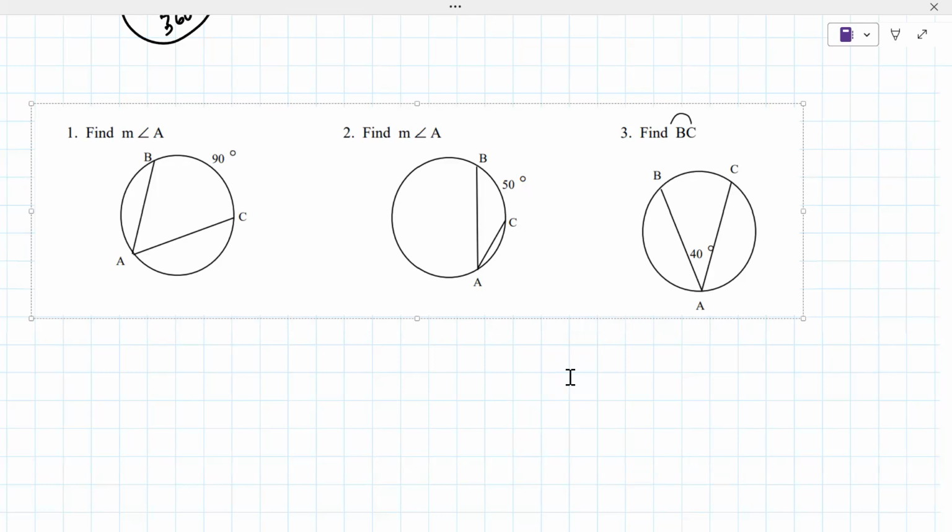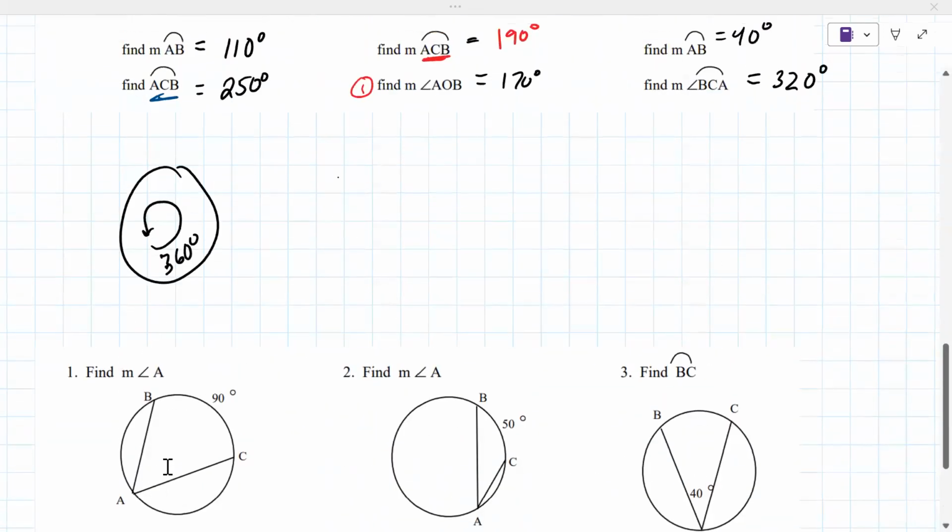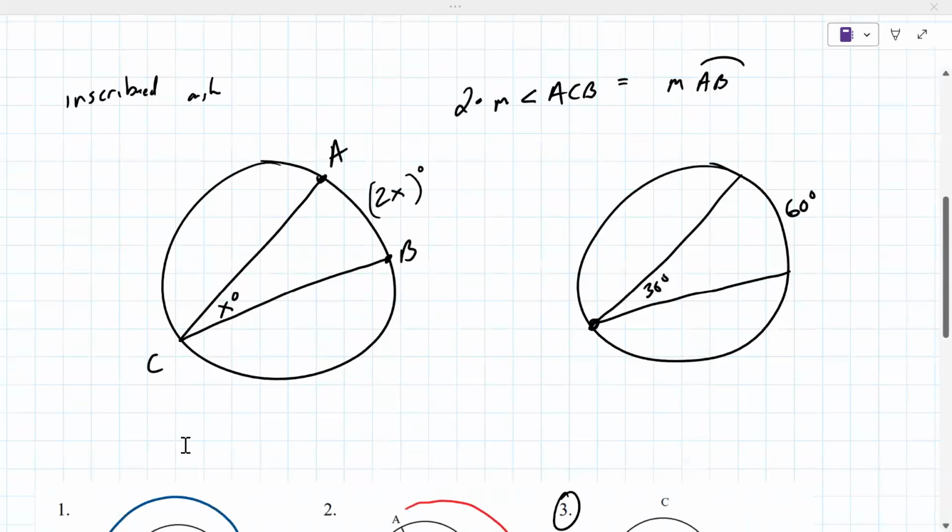And it's just asking me to find angle A. Yep. Would angle A on the first one be 90? It is not 90. Would it be 270 then? Okay, so it feels like you didn't write anything down for inscribed angles.